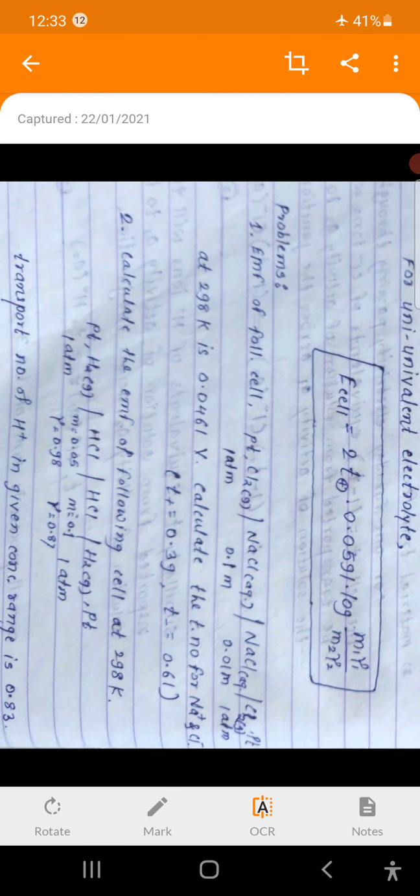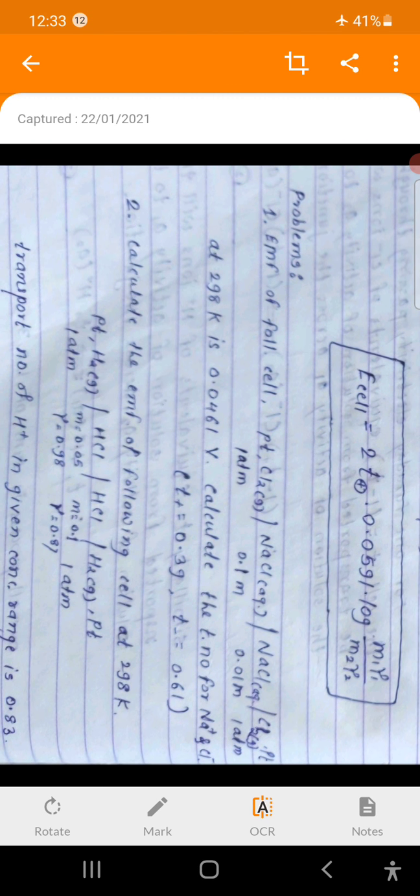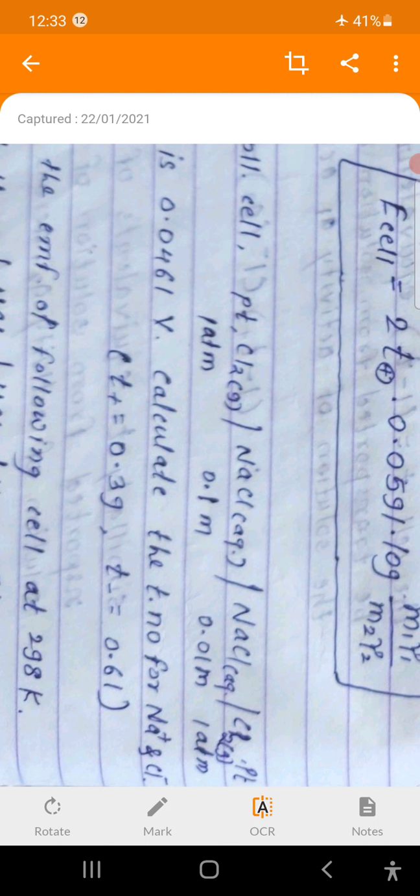Try to solve some examples given on the basis of this type of equation or this type of cell. In a problem, you first see the type of the given cell.